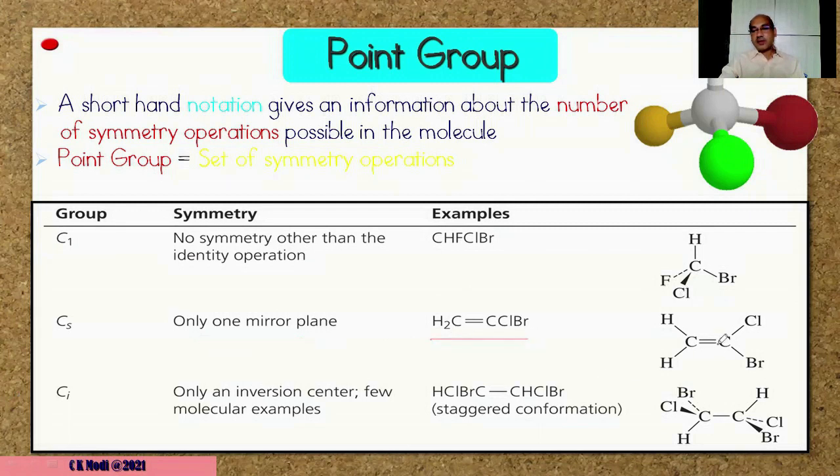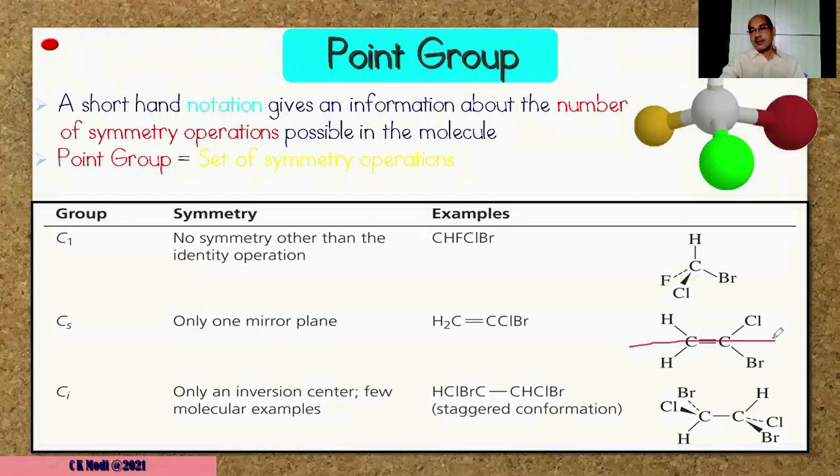Now, second molecule. Look at the second molecule. We can check if any rotation axis is present. If we pass an imaginary line through this molecule and rotate, do we get an equivalent structure? This is the x-axis.